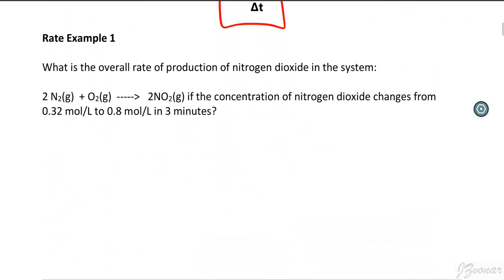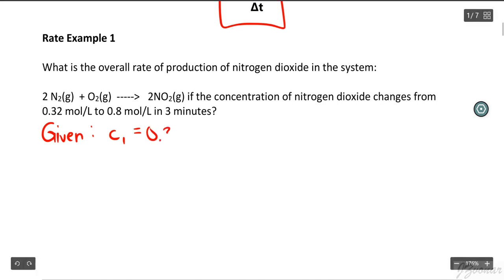So it tells us that the overall rate of reaction of production of nitrogen dioxide goes from 0.32 moles per liter to 0.8 moles per liter in 3 minutes. So what pieces of information have we been given? We're given the initial concentration at the start, which is 0.32 moles per liter, and we're given the final concentration to be 0.8 moles per liter.